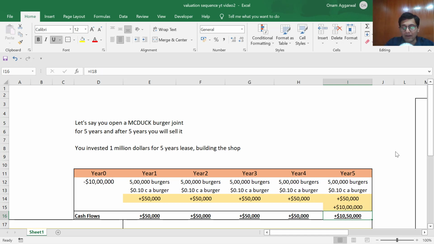So it's $1 million plus $50,000. So this is what we called your expected cash flows from the McDuck burger joint. And understand, when you value any business, be it McDuck burgers or Tesla Motors, this is what you are actually trying to find. You are trying to find these expected future cash flows.